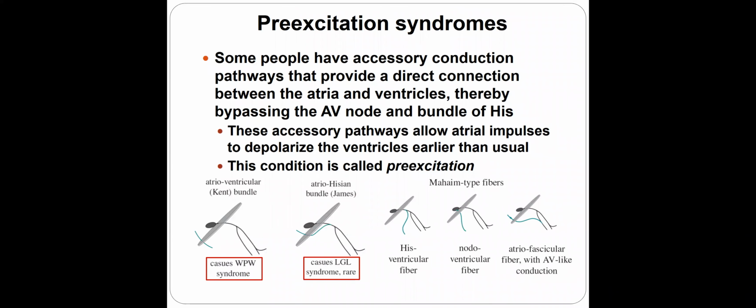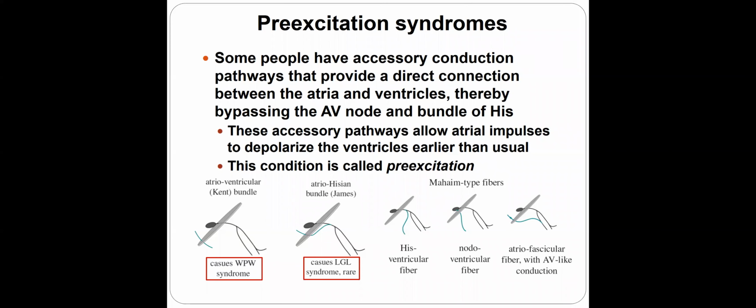So far, what we discussed were about slower conduction. We can have, however, faster conduction. The only site in the heart where we have slow conduction is the AV node, in the AV junction.